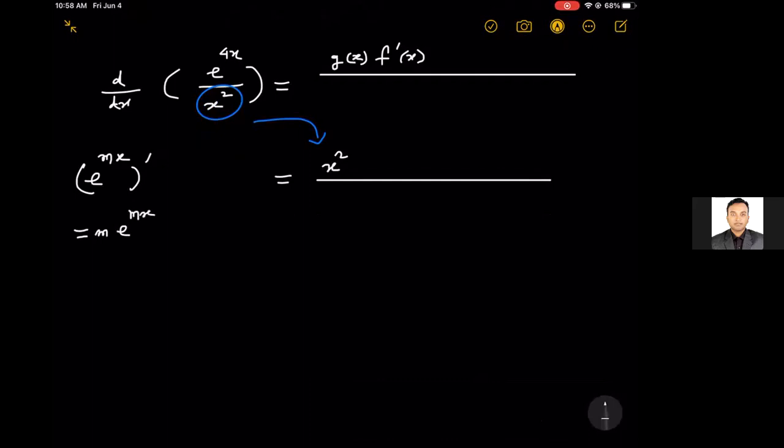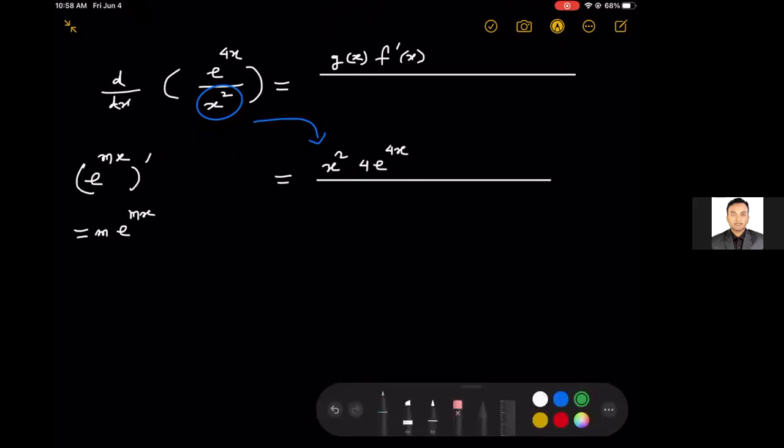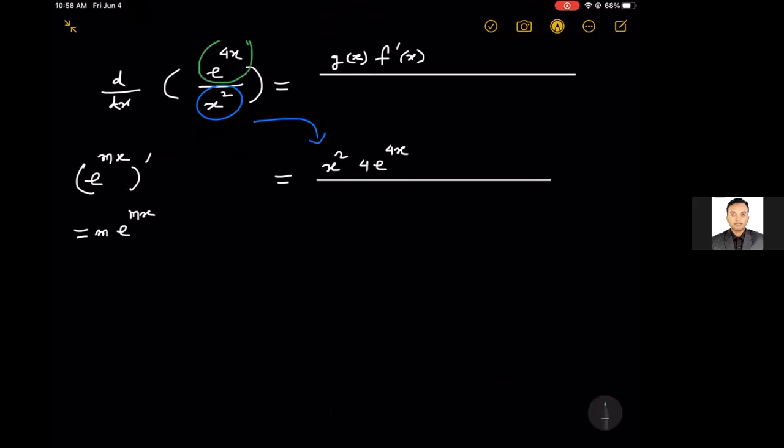So here m is 4. So we write 4 times e to the 4x. That's the derivative of the numerator.